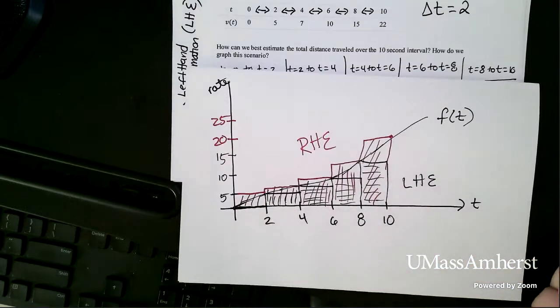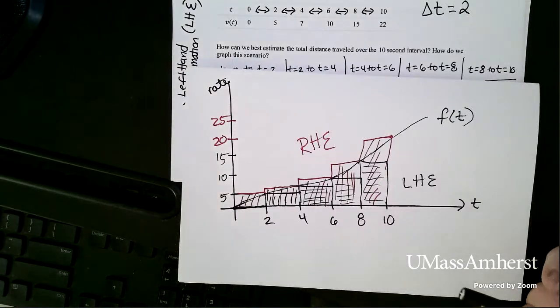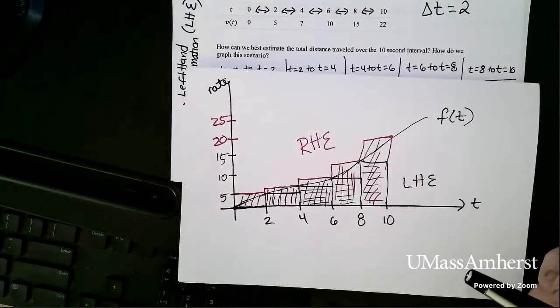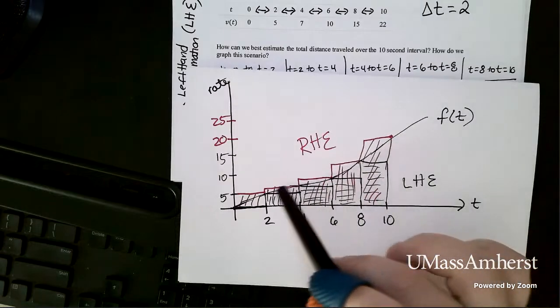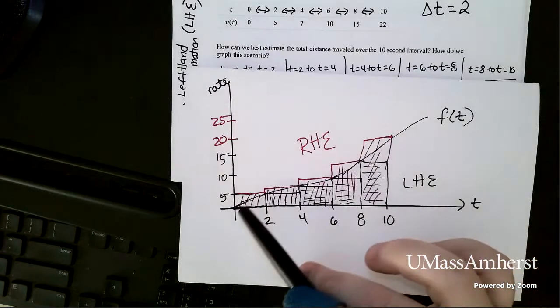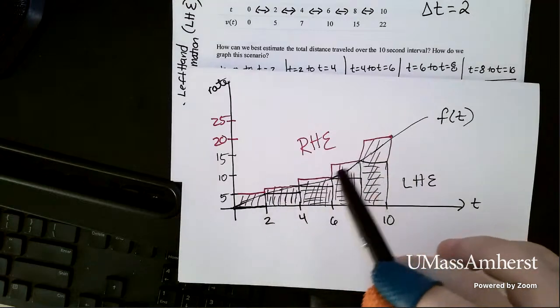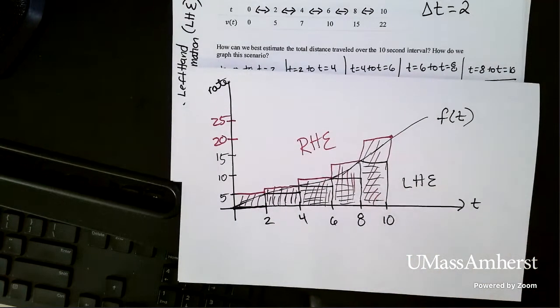Now, it's important to note that whether your left-hand estimation is an overestimate or underestimate depends on the function. You would need to do both a left and a right to see which number was bigger. The bigger one is your overestimation, and the smaller number is your underestimation. And again, the idea is that we are trying to get the exact area under this function, but it's curved. So right now, this is the best that we have.